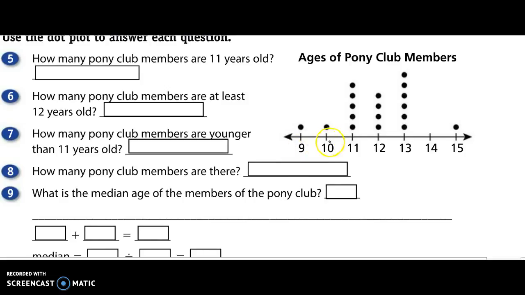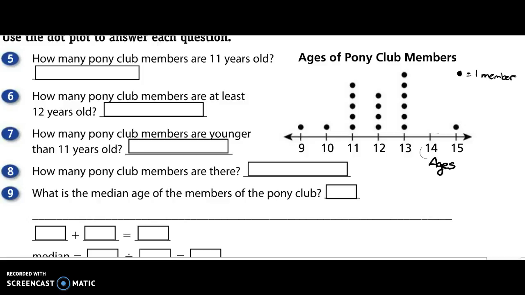So along our horizontal axis, along our number line, we've got 9, 10, 11, 12, 13, 14, and 15. Let's think about what those numbers represent. If our title is Ages of Pony Club Members, those numbers are our ages, and each dot represents 1 member.